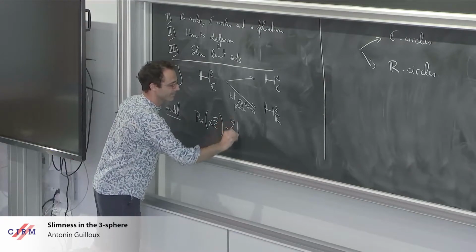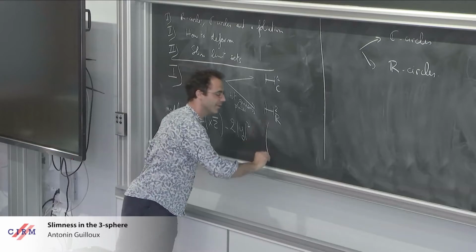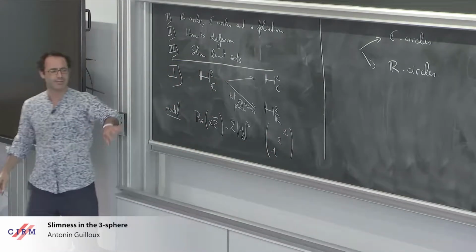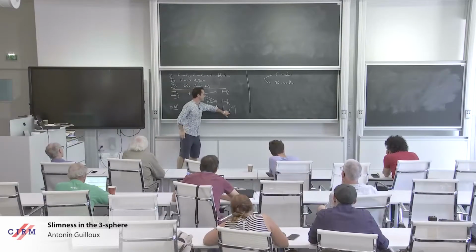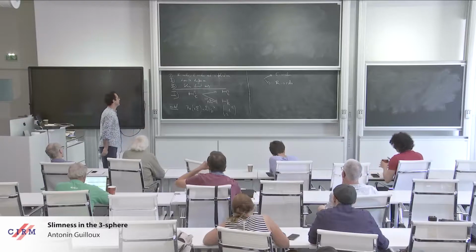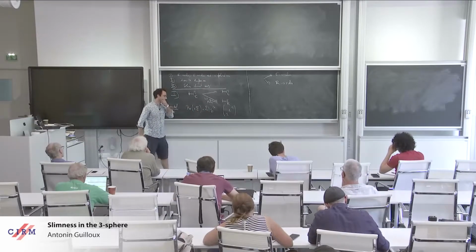If you prefer, the matrix of the Hermitian form is this one. I put a 2, don't be too puzzled by it. It's just to avoid some square root of 2 appearing now and then. But it is a 2,1 Hermitian form.